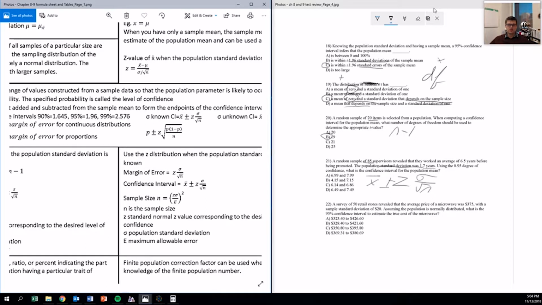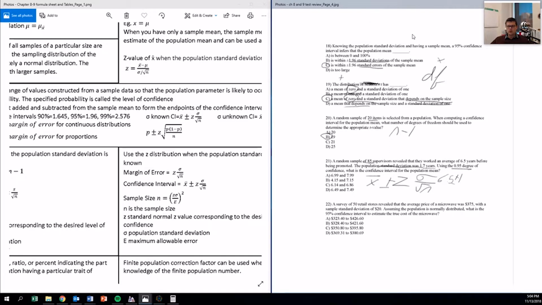We're going to be using 1.96 for the z-score because we want the 95% confidence interval. So 6.5 plus or minus 1.96 multiplied by the standard deviation, which is 1.7, over the square root of 85.